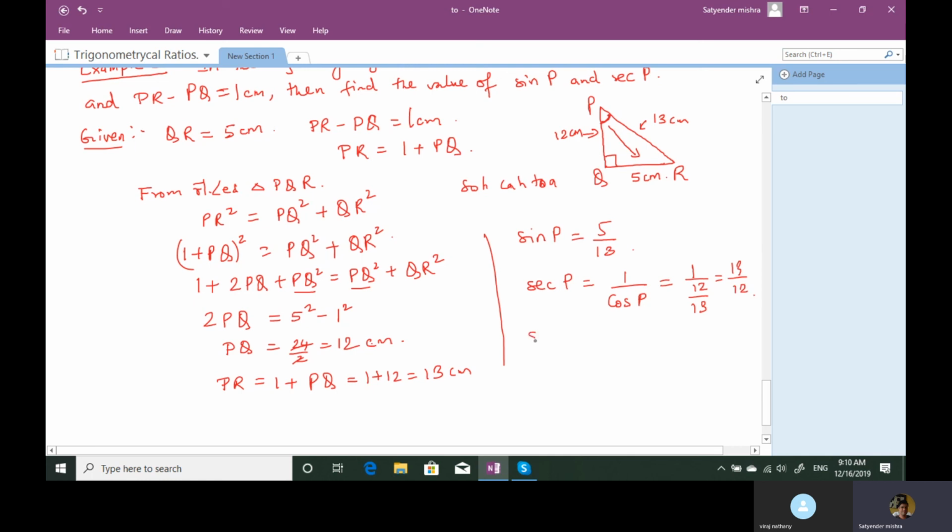Understood? So sec P is equal to 13 by 12. So these two are the answers. Understood, Viraj, how I'm doing the sums? Let's do another example.